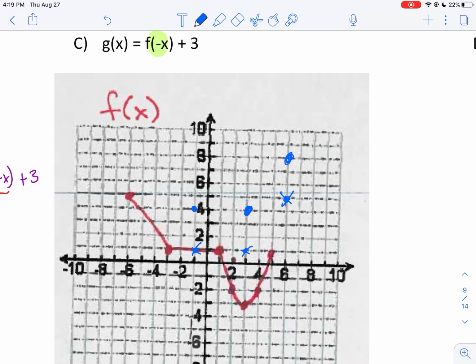Instead of positive 2, this will be over to negative 2 and up 3. This, instead of positive 3, will be negative 3 and up 3. Instead of 4, it'll be negative 4 and up 3. And instead of 5, it'll be positive 5 and up 3.